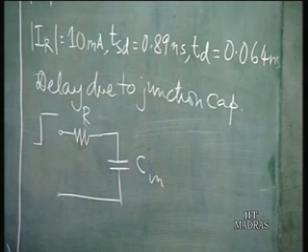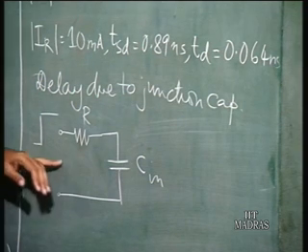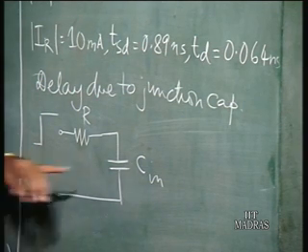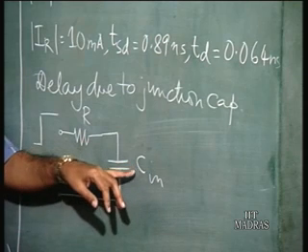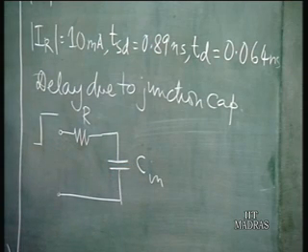The larger the RC time constant, the larger is the delay, and you can very well calculate that. It's not very easy to calculate, provided you make an assumption. This input capacitance is actually a junction capacitance, and the junction capacitance is not a constant capacitance.